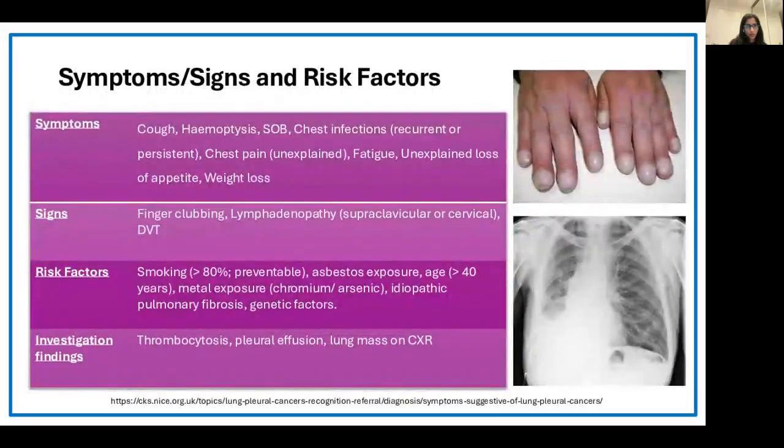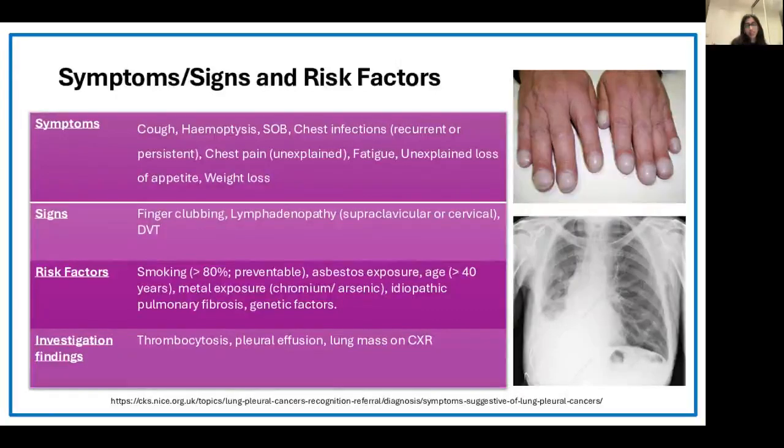So in terms of symptoms and signs, as well as risk factors, if we look at the respiratory side of things, one of the most common initial presenting complaints might be cough, particularly if it's a long history of cough. If it's been ongoing for a few weeks or maybe months, it might be that patients have been treated with multiple antibiotics for suspected chest infections, and it's not doing anything for them.